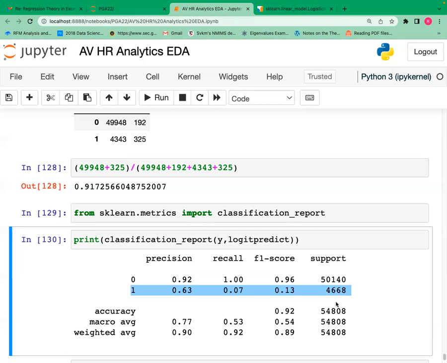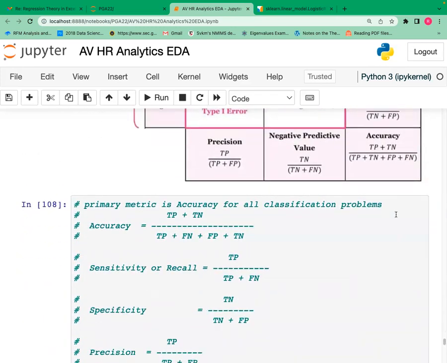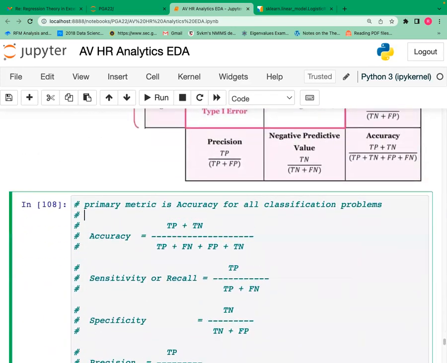The problem here is the overall accuracy is good. The accuracy must be between 0.70 and 0.95. In fact, all the metrics in this case must be in the range of 0.70 to 0.95.